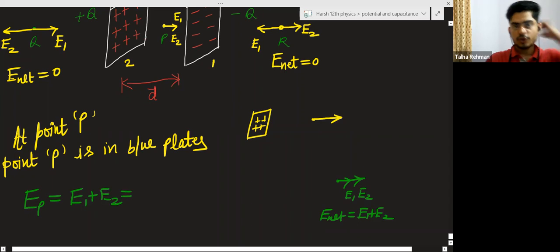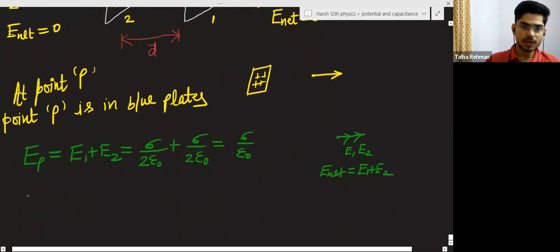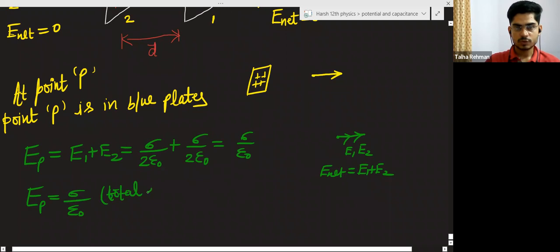And we know due to the positively charged plate, the electric field is sigma by 2 epsilon naught. And due to the negatively charged plate, the magnitude is again the same, sigma by 2 epsilon naught, and we will get sigma by epsilon naught. So total electric field at point P is equal to sigma by epsilon naught. You can say total electric field.